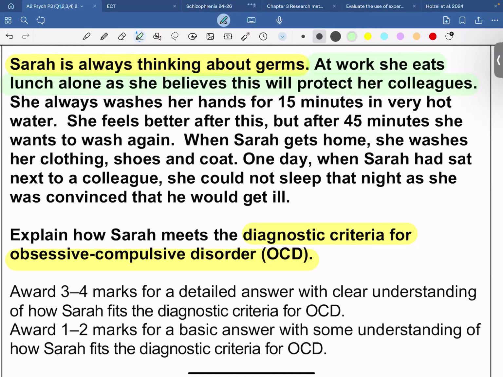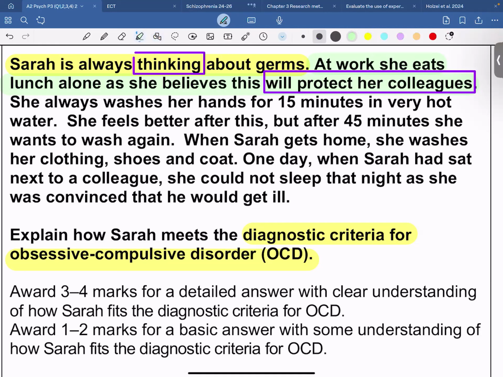So we are talking about a thought process, perhaps an irrational thought process, that if you do not eat your lunch alone, or if you have someone with you while you're having your lunch, this might transfer your germs to that particular person. So this is an irrational thought that this lady carries.